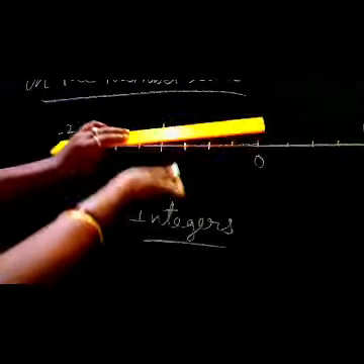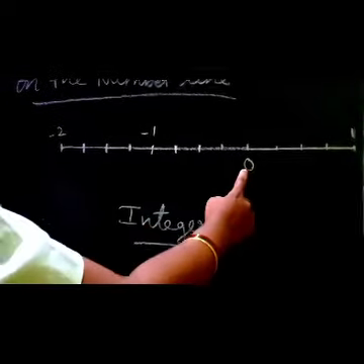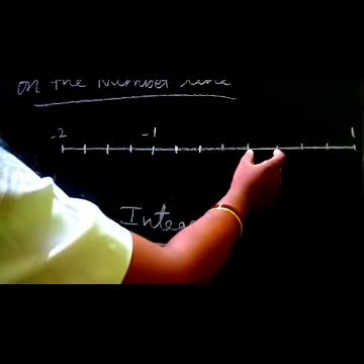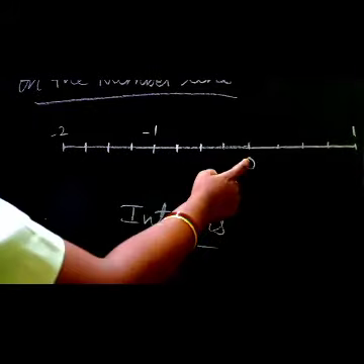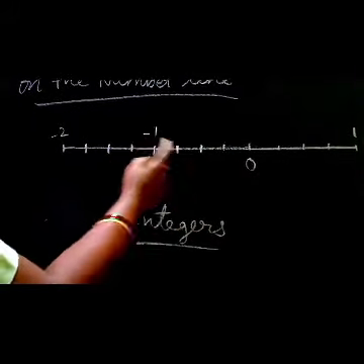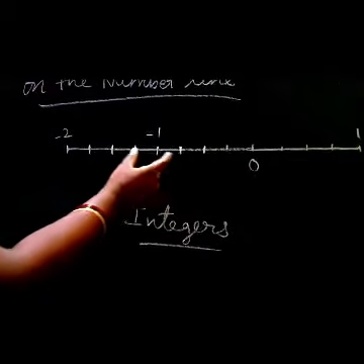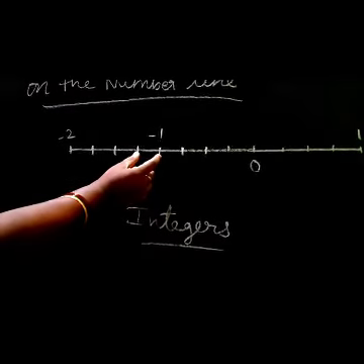Now in integers we have negative and positive, including 0. From 0 to 1, I have divided into 4 equal parts: 1, 2, 3, 4. Same like that, from 0 to minus 1 also 4 equal parts. It is 1, 2, 3, 4. Again from minus 1 to minus 2 also we have equally divided 4 parts.